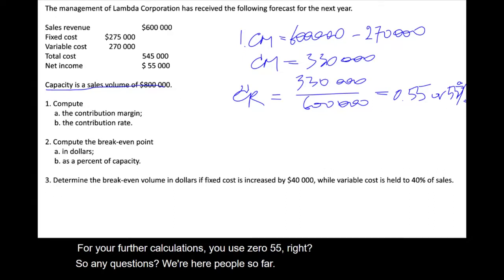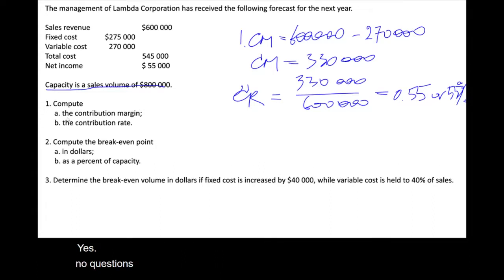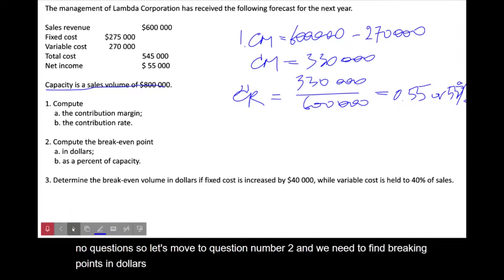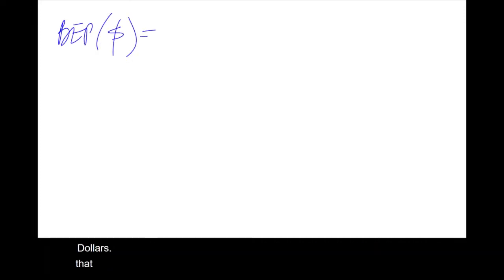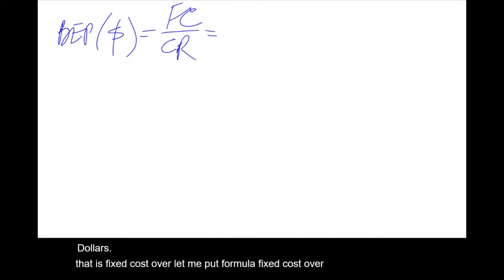Guys, no questions. So let's move to question number 2, and we need to find break-even points in dollars and as a percent of capacity. So the break-even point in dollars is fixed cost over, let me put the formula, fixed cost over contribution rate.